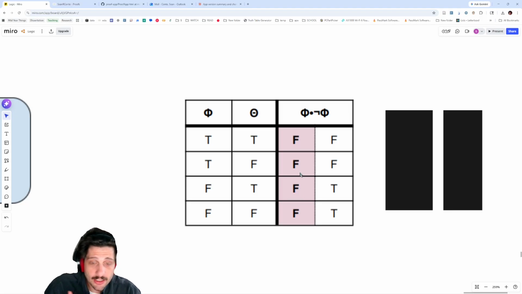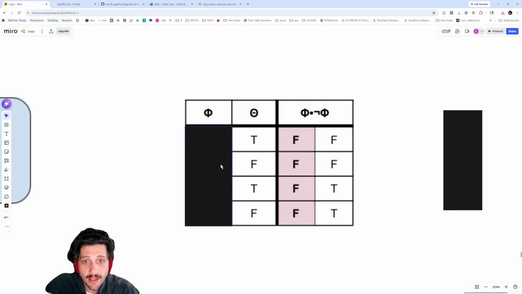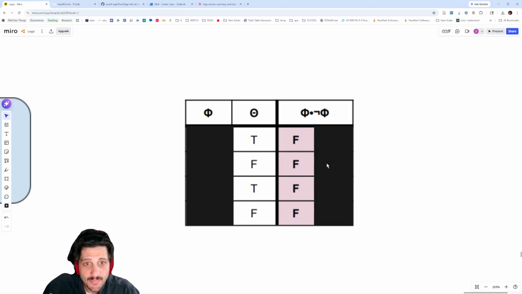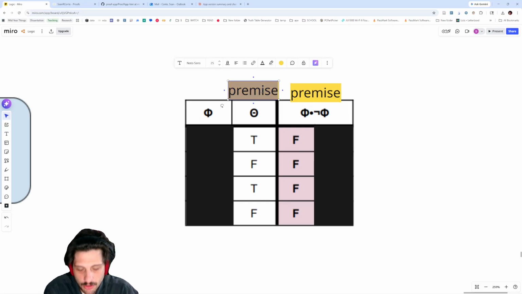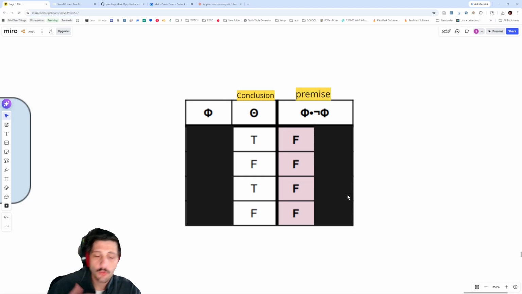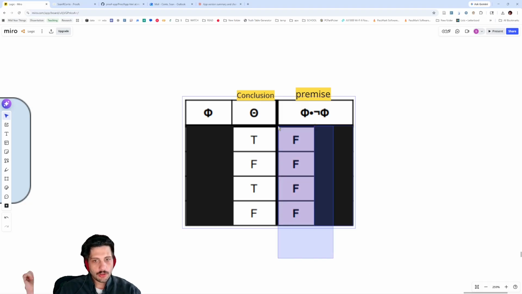So now let's think about an argument where we say that this contradiction is our premise for a second, and we're going to call theta here our conclusion. So one thing we can ask is, is there any time where the premise is true, but the conclusion is false?